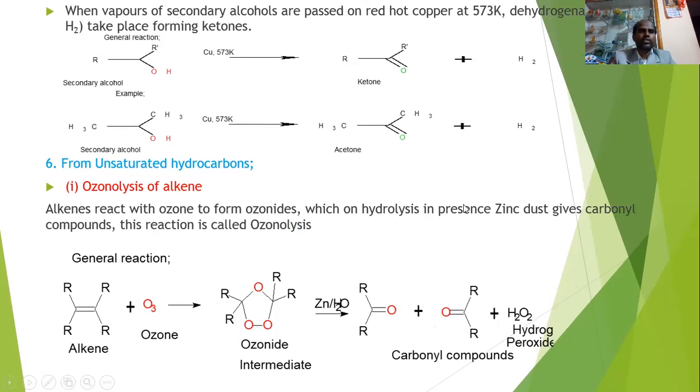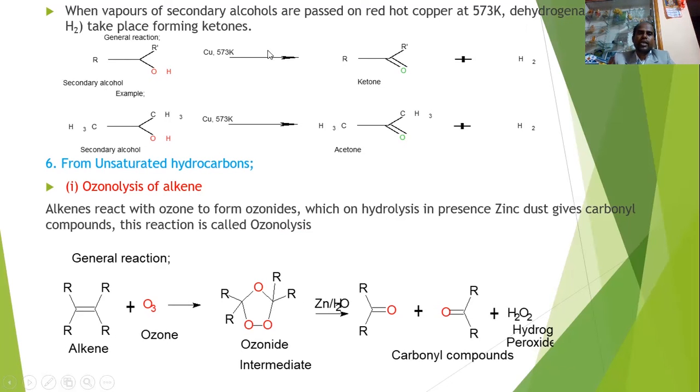On the next slide, suppose we are taking vapors of a secondary alcohol. When vapors of a secondary alcohol are passed over heated copper, it gives a ketone. So here also we need to remember that by the catalytic dehydrogenation method, primary alcohol gives aldehyde and secondary alcohol gives ketone, as in the case of acidified potassium dichromate, where primary alcohol gives aldehyde and secondary alcohol gives ketone.